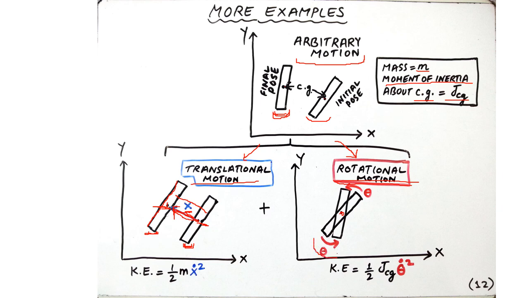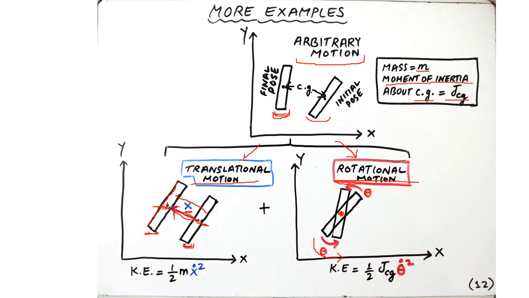In this rotational component of the motion, the pendulum bar's center of gravity will not be displaced, as happened in the case of translational motion. Only the orientation, or the pose, is going to change, and that comprises the rotational element. And this rotation occurs about its center of gravity.